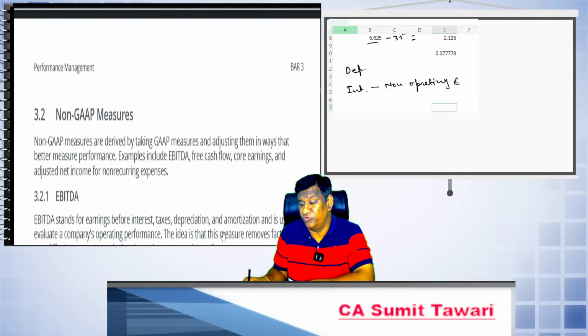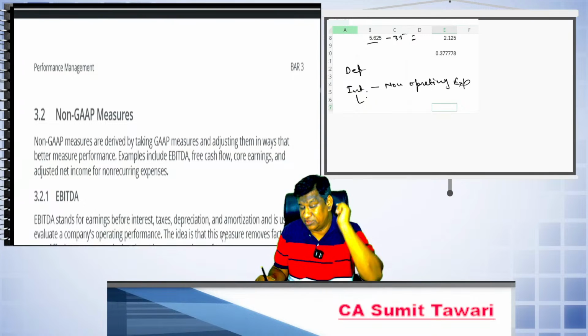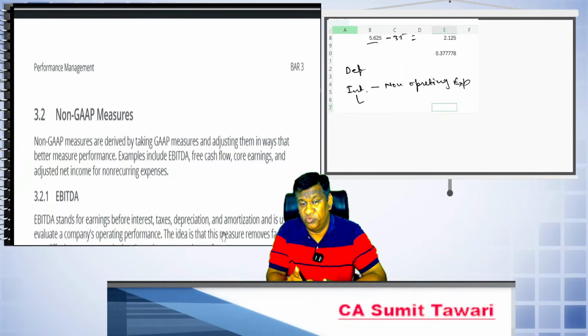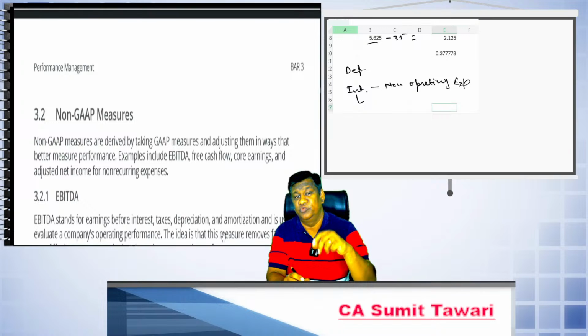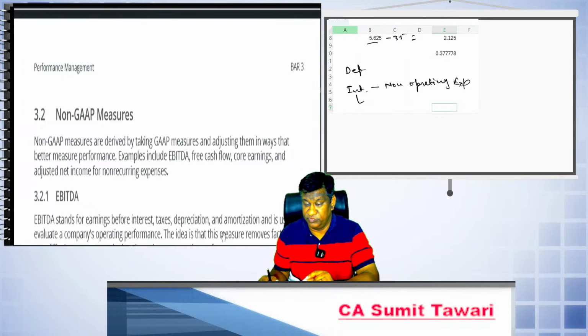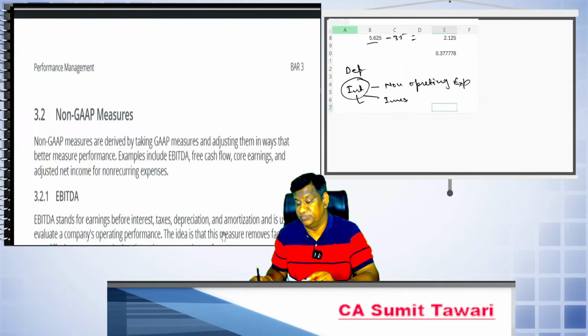Why do we consider it non-operating? Even though we incur the interest on a loan which we utilize for the business, it should be part of the operating expenses. But interest largely depends on how you are making your investment.